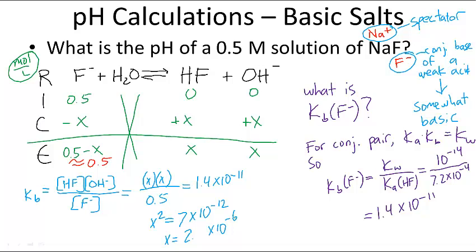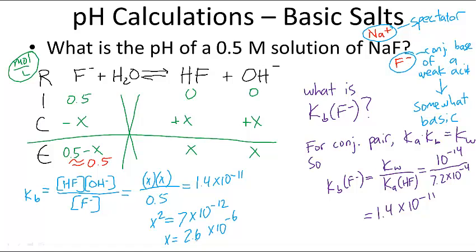All right, so we get x squared over 0.5 is 1.4 times 10 to the negative 11th. So x squared is going to be 7 times 10 to the negative 12th. Square root of 7 is going to be 2 point something, 2.6. Square root of 10 to the negative 12th is 10 to the negative 6th. So I get 2.6 times 10 to the negative 6th.